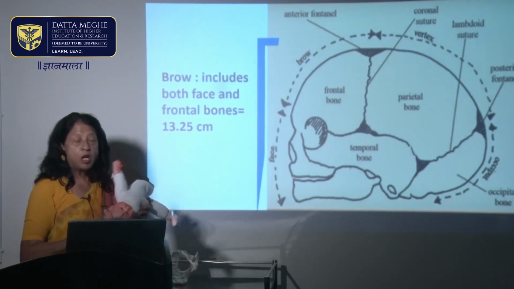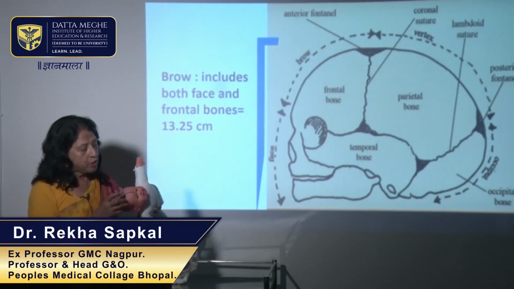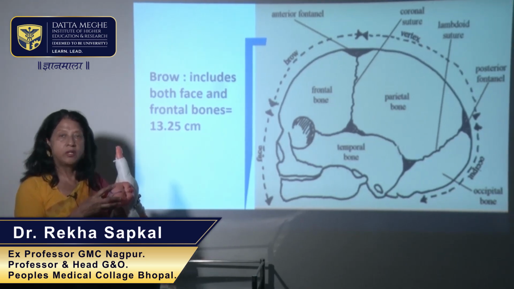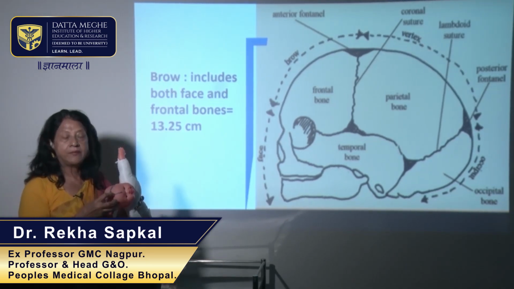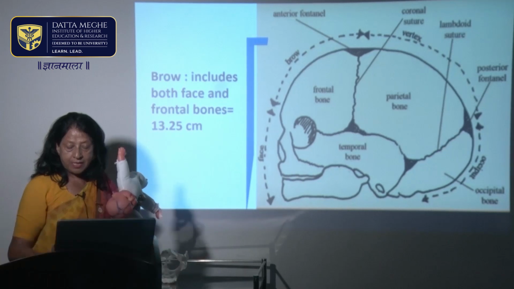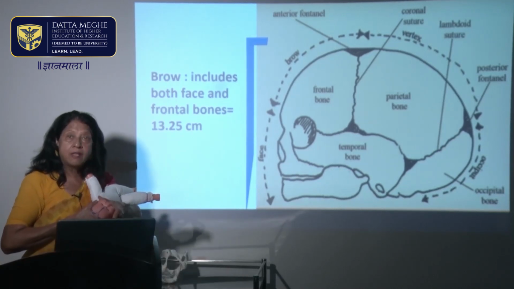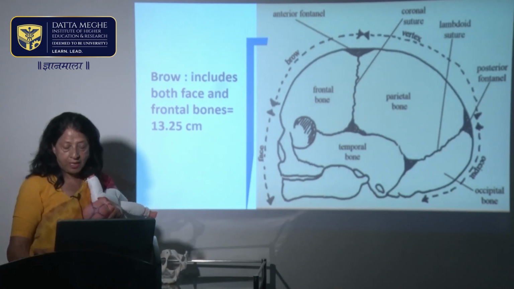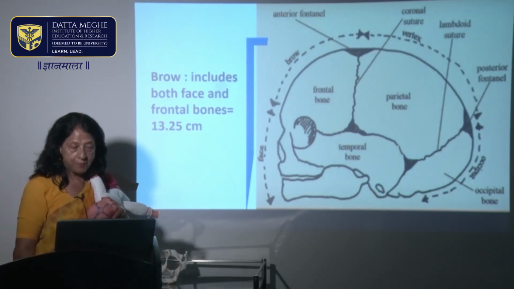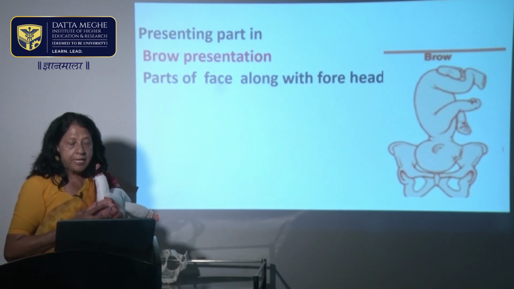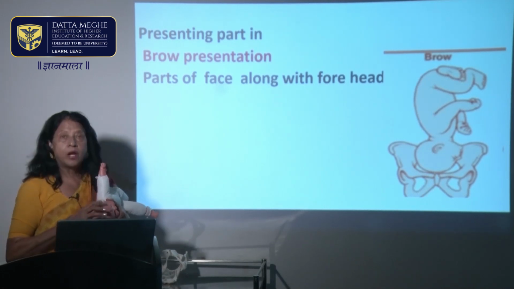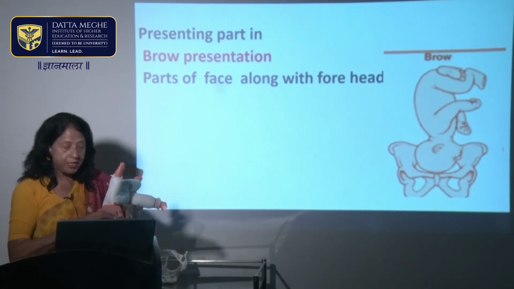Brow presentation, along with the face, includes the frontal bones also. So, there is a midline frontal suture here. That is how brow presentation includes the complete face plus forehead. That is why it is a difficult labor. The presenting part in brow presentation is anterior brow.